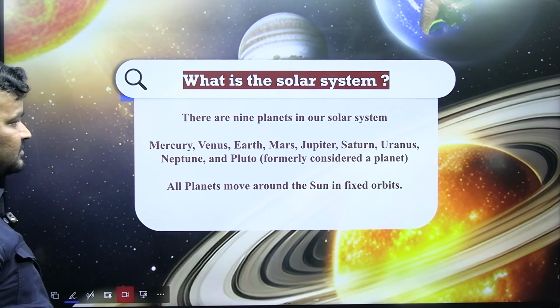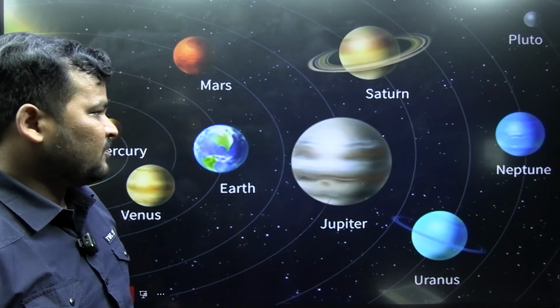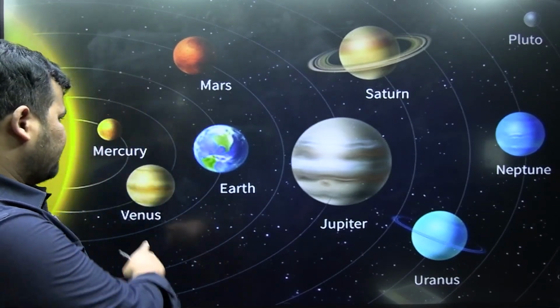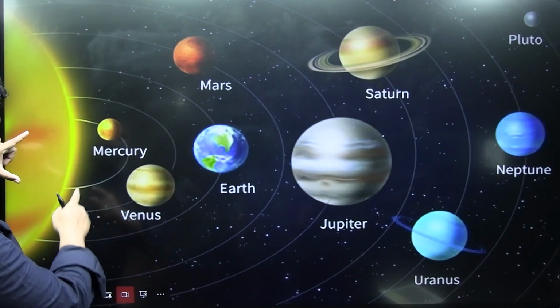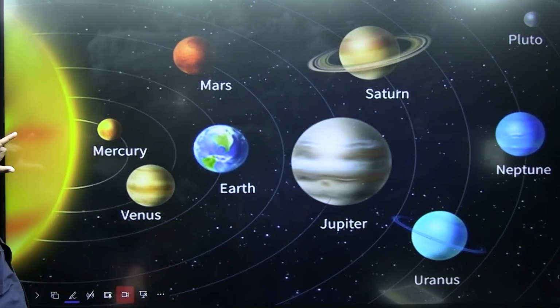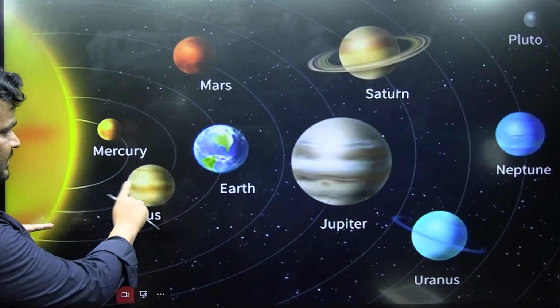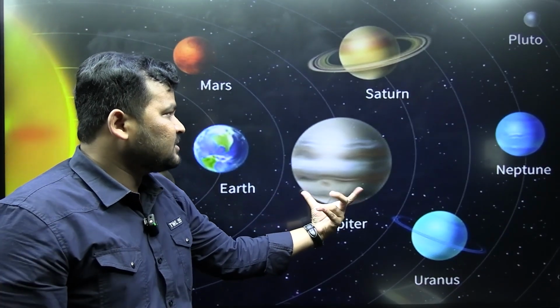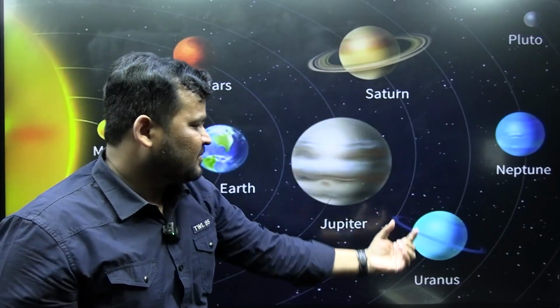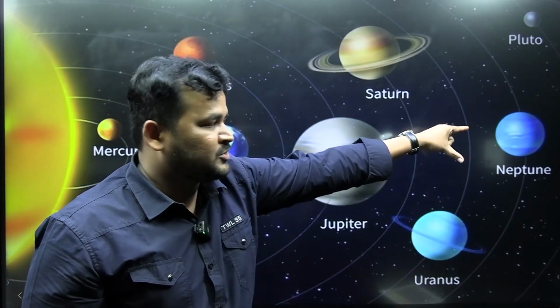Next, this is our beautiful planets and solar system. You can find here our very, very big sun. Mercury is very near to our sun. Venus, Earth, this is our mother Earth, Mars, Jupiter, Saturn, Uranus, Neptune.